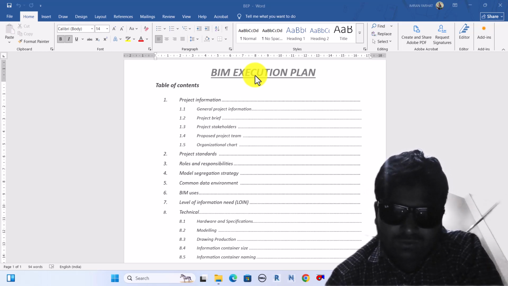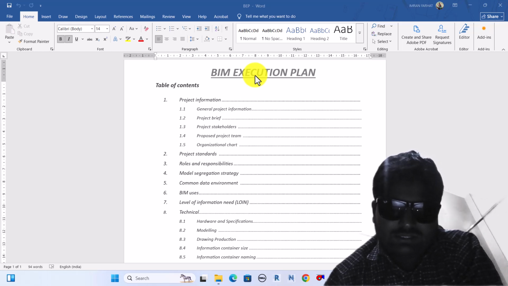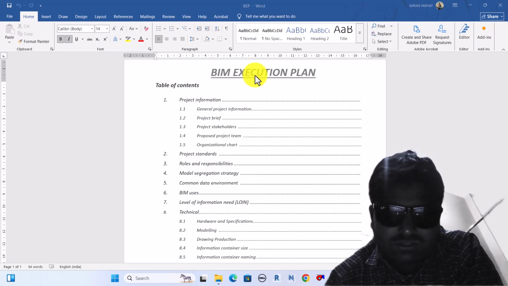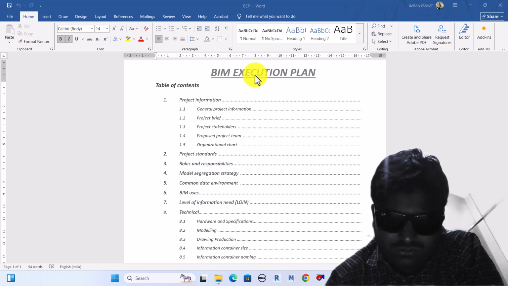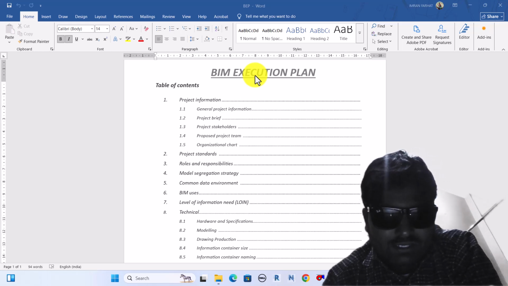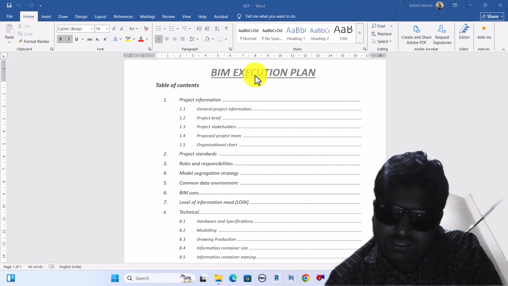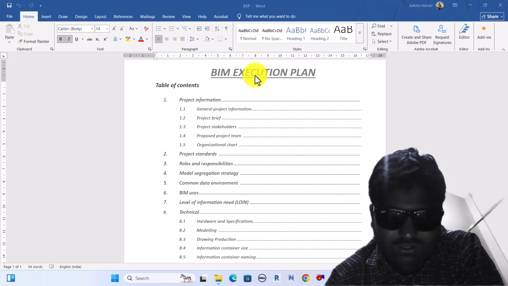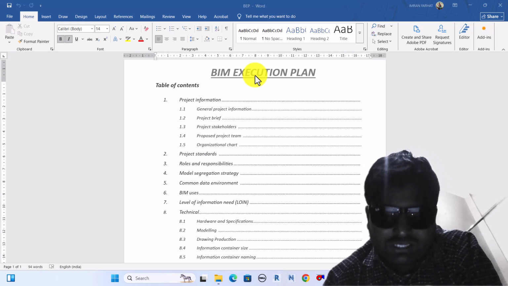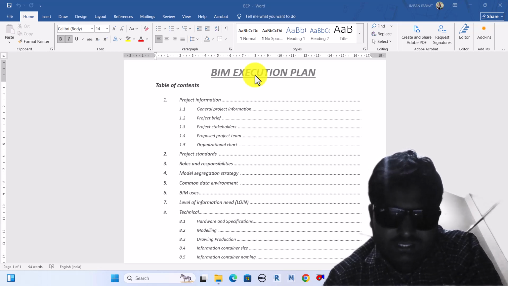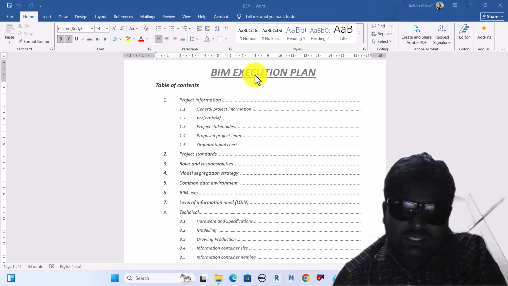It defines who does what and when BEM tasks are done, and how models are created, shared and coordinated. So in this document everything is explained. In short, this is the content in a BEM execution plan.